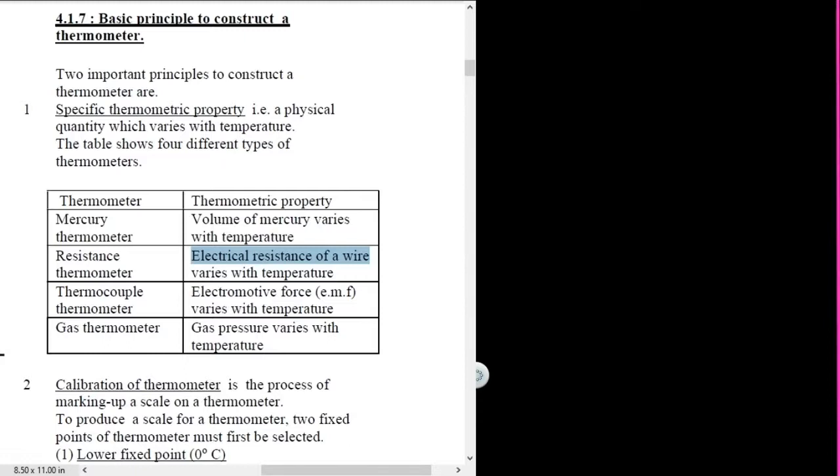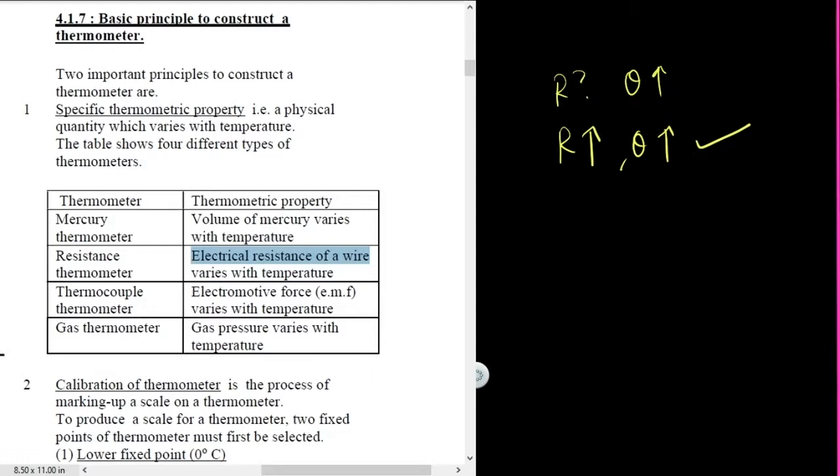But for the resistance thermometer, we look into its electrical resistance. What will happen to resistance when temperature increases? Of course, the resistance will increase as the temperature increases. So we use this property of material to make a resistance thermometer.